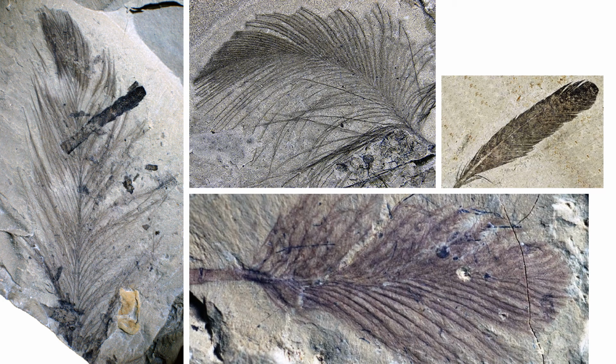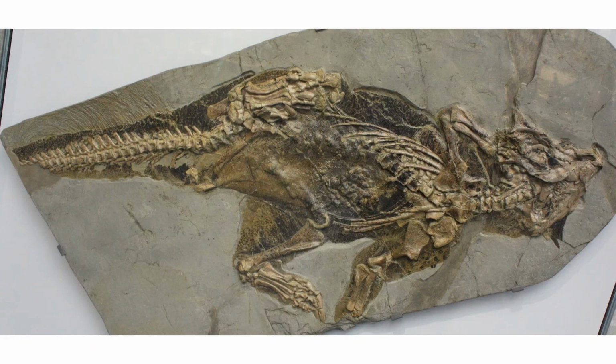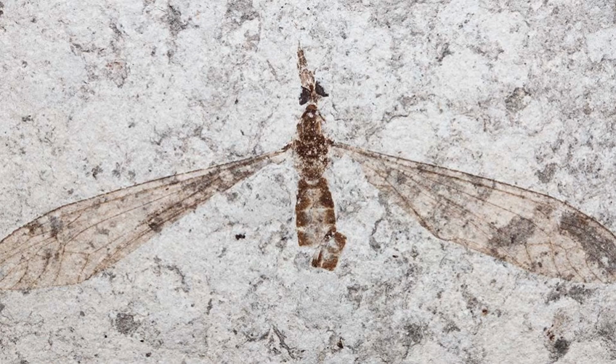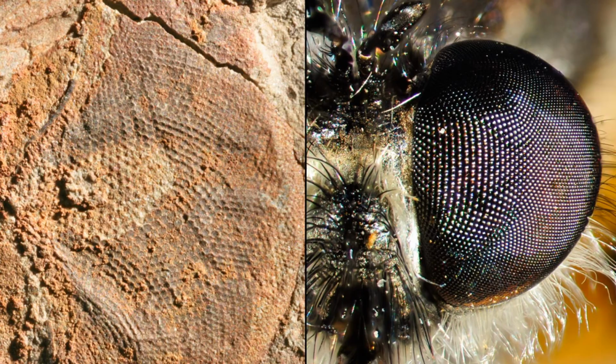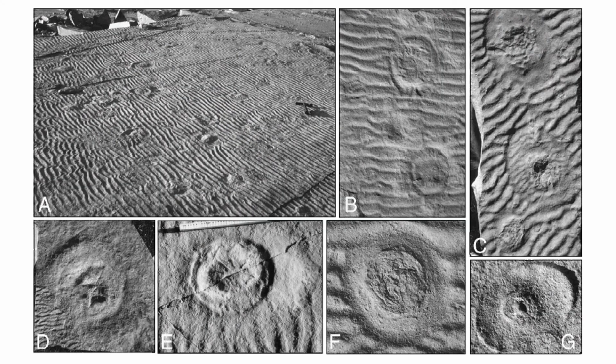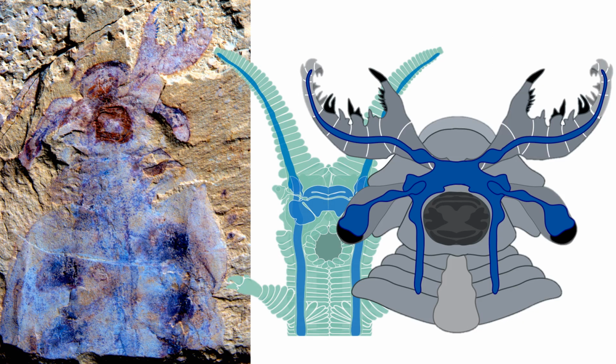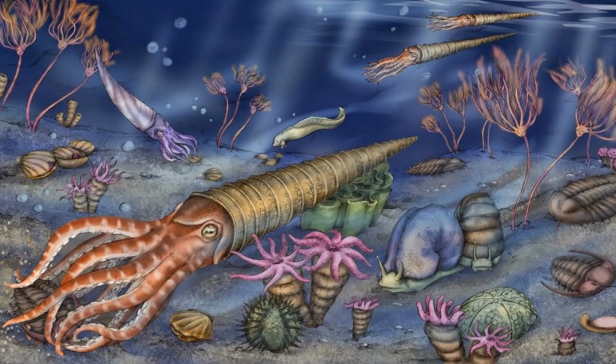They also sometimes contain remains of soft tissues, like feathers, skin, insect wings, insect eyes, jellies, and even the brains and nerves of some animals. Fossils of these tissues don't occur in other layers, so Konservat-Lagerstätten provide some of the most complete snapshots of ancient organisms in the entire fossil record.